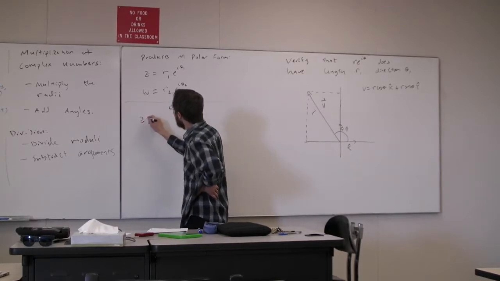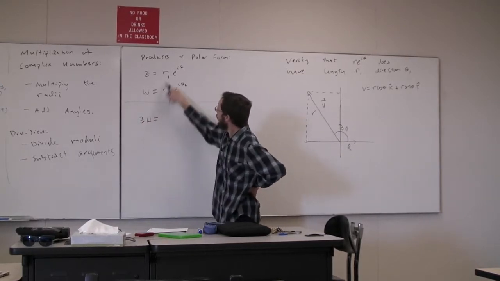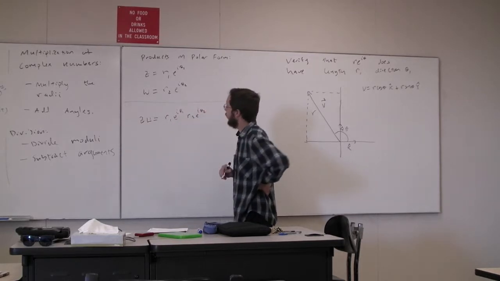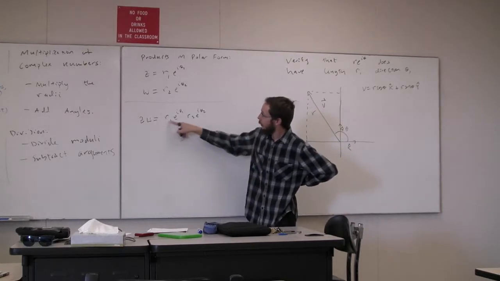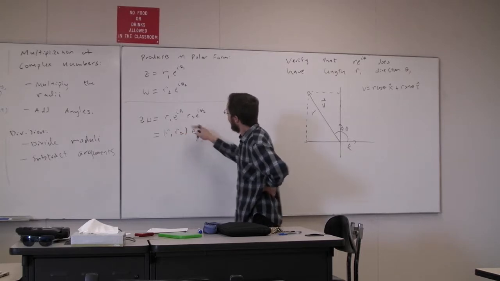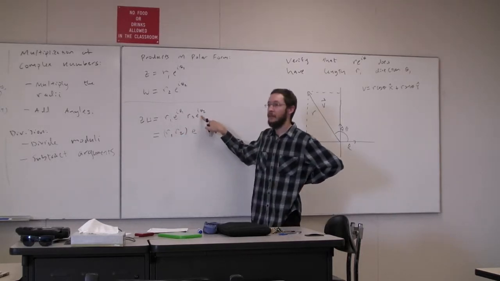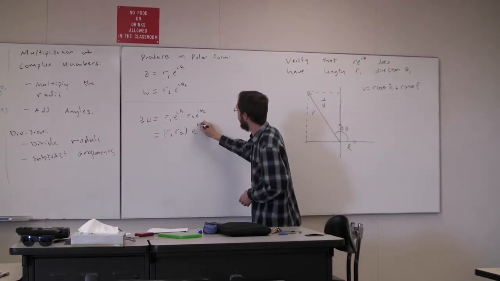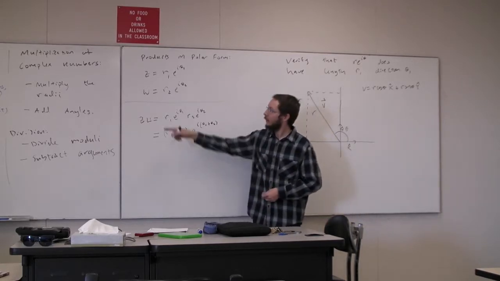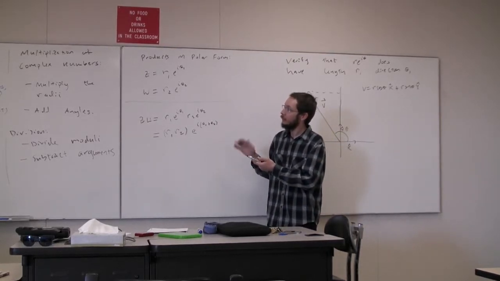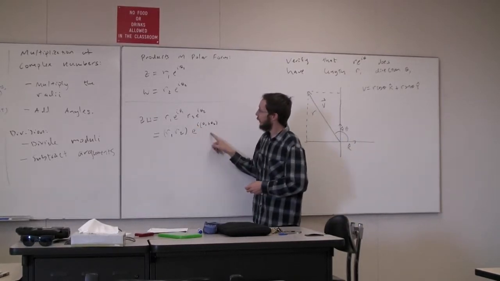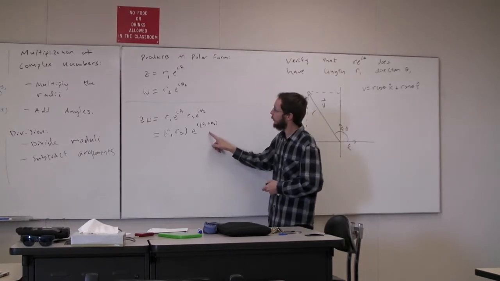Then it's literally this simple. zw, we're just multiplying, right? So what happens here, we get the product of the radii. And when we multiply e to the i theta 1, e to the i theta 2, you just add the angles. And so in polar form, what looks like a somewhat exotic behavior, multiply the radii, add the exponents, just falls out immediately from the polar form, right?